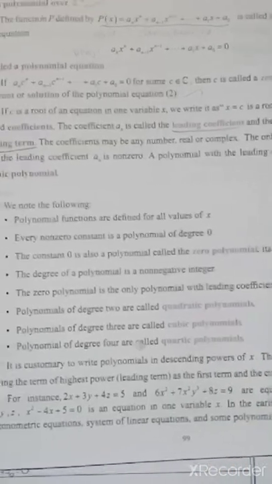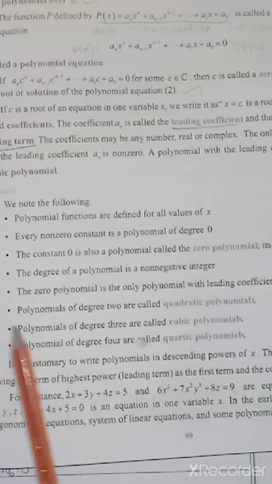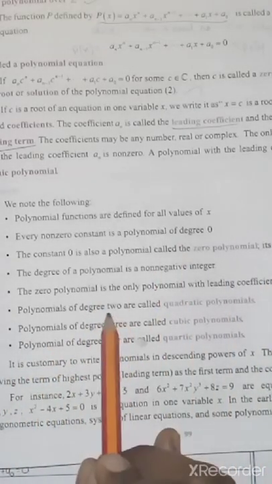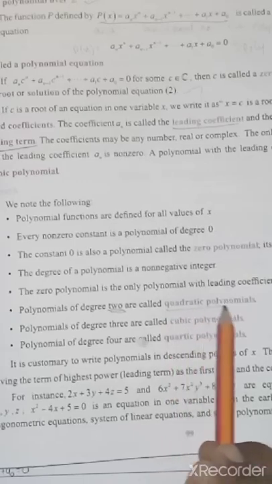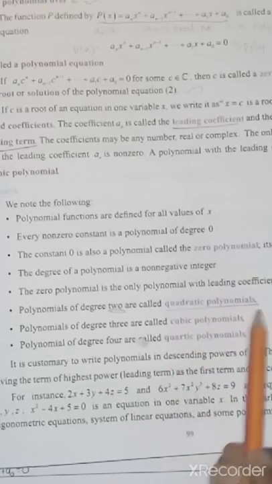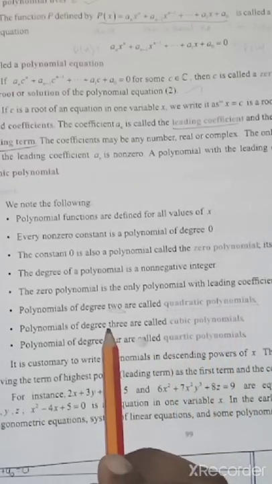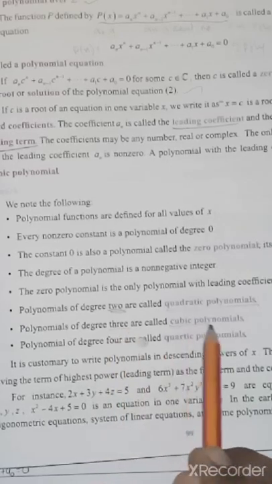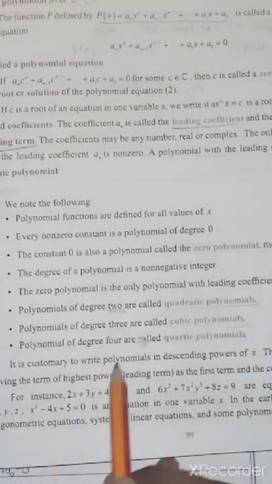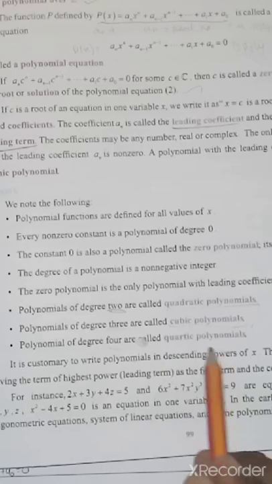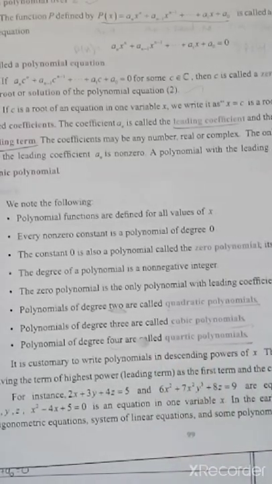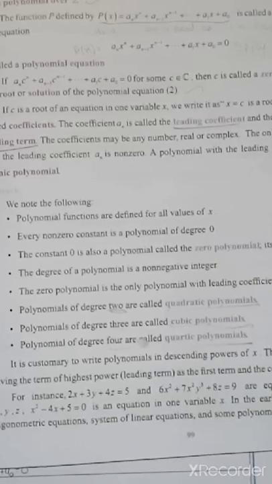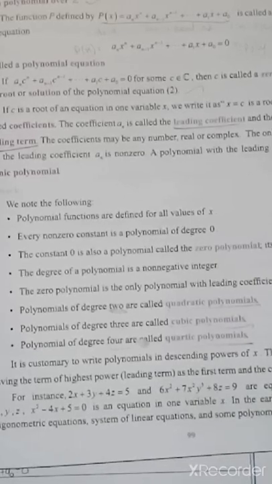Okay, suppose the power of x is 2, then it is called a quadratic polynomial. If the degree of x is 3, it is a cubic polynomial. If the degree of x is 4, it is a quartic polynomial. Okay? So these are the things that may be asked in your 1 mark question.